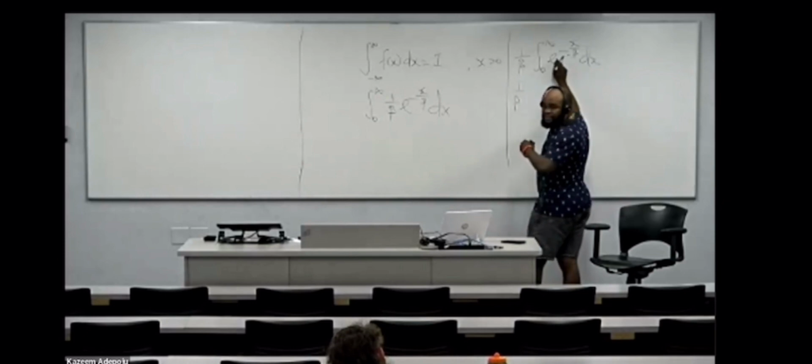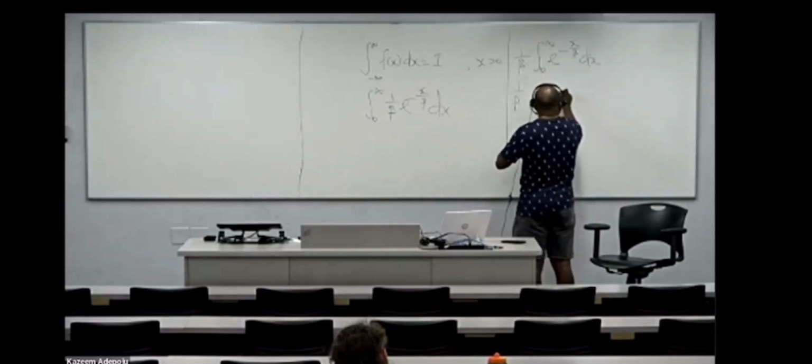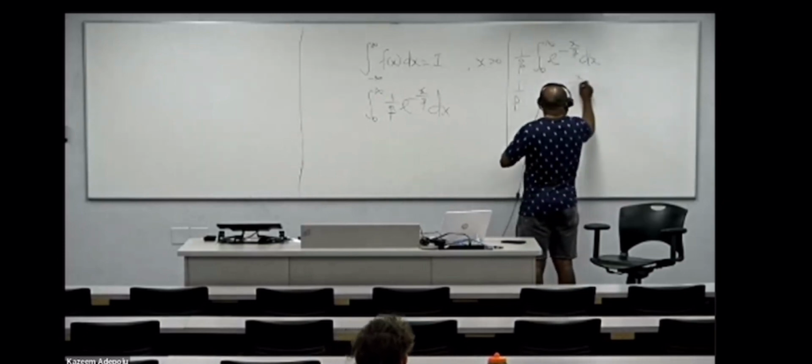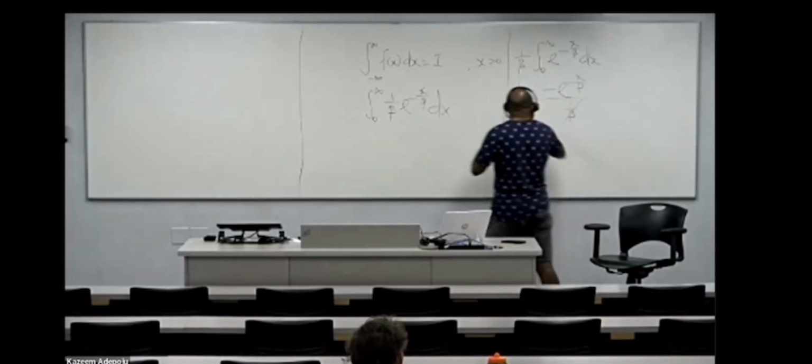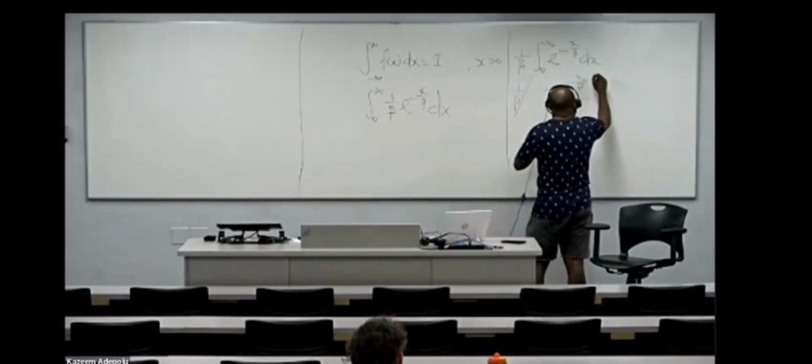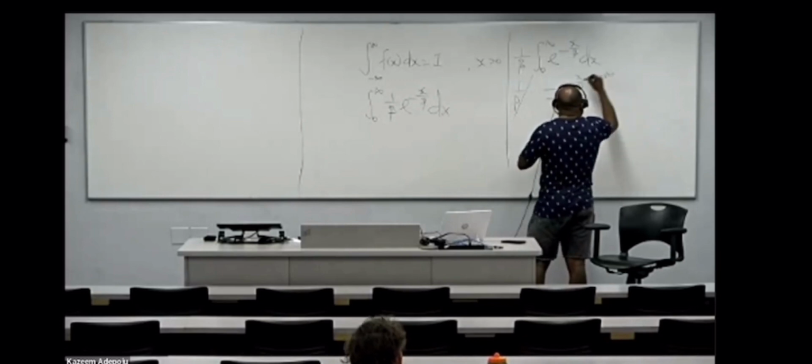When I integrate this now, I'm actually going to have this divided by 1 over beta. This is going to cancel that, and I'm going to have it from 0 to infinity.